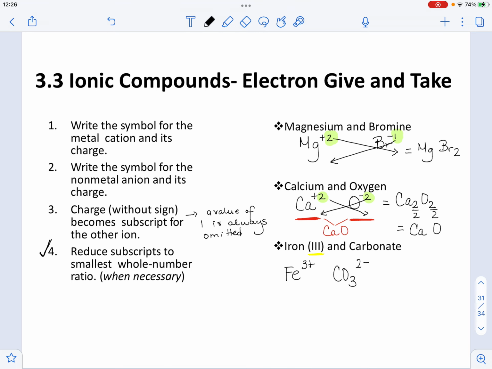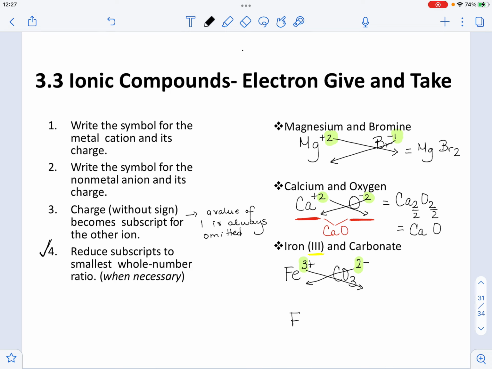We go through the same process. I wrote my cation and its charge, the anion and its charge. Then I'm going to take the value and make it the subscript of the other atom or group of atoms.